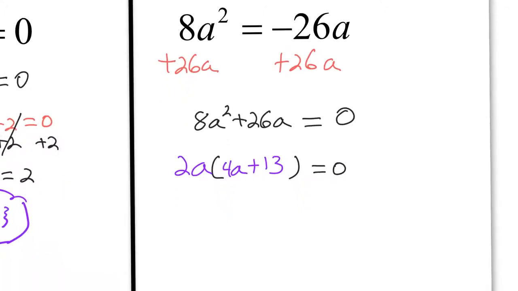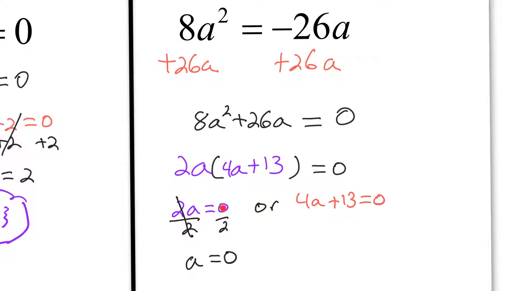We are ready to solve. So you will take the two equations. 2a equal to 0, or 4a plus 13 equal to 0, that's the second one. So now you just divide by 2 right here, turns into 1, a equals 0. 0 divided by 2 is 0, and over here it's a little bit more work.